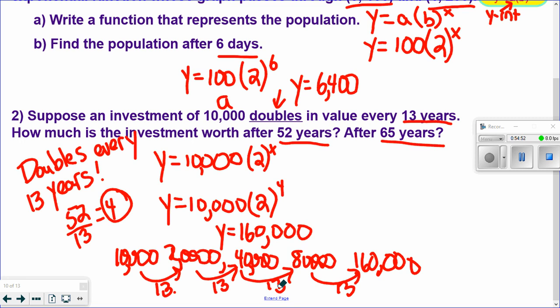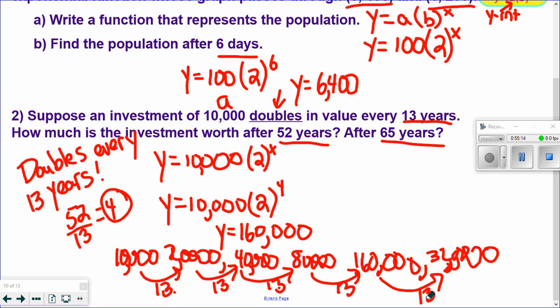All right. And if you do the same thing for 65 years, you could just figure it out right now. Another 13 years would be 65, so you know it's 320. That's another 13 years.